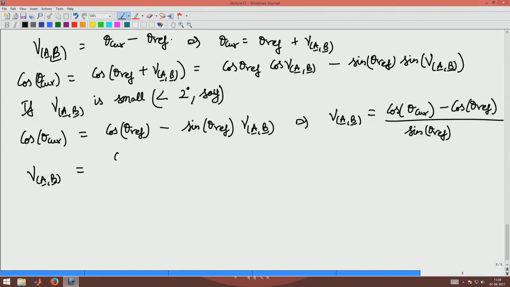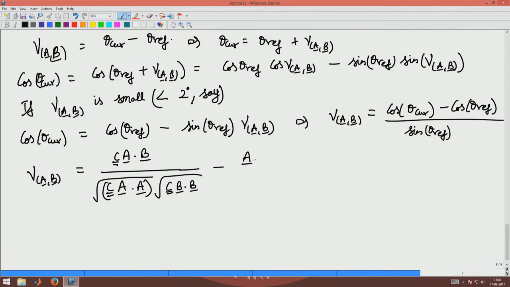So, this will be C times A dotted with B divided by square root of C times A dotted with A multiplied by square root of C times B dotted with B, that is cos theta current, minus cos theta ref, which is A dotted with B, into 1 by sin theta ref.